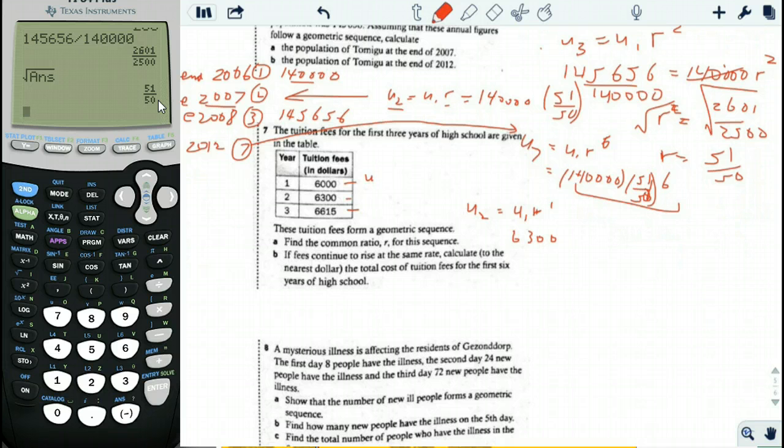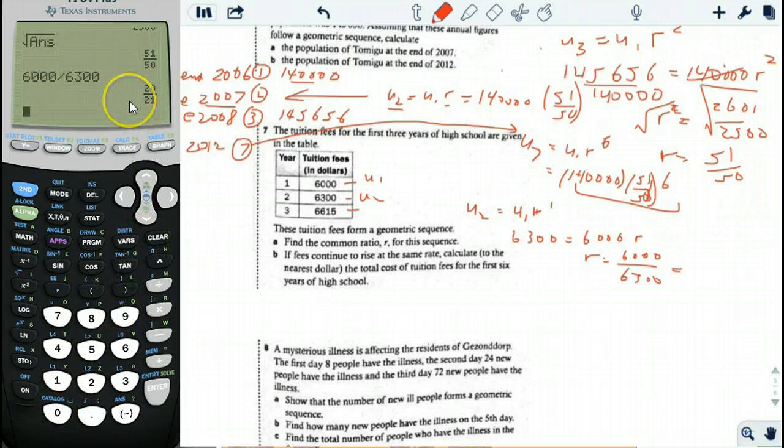Because we'll say this is U1, this is U2, and so 6,300 equals 6,000 times R. So R is equal to 6,000 divided by 6,300. And that's equal to 20 divided by 21. That's R. That's the common ratio.